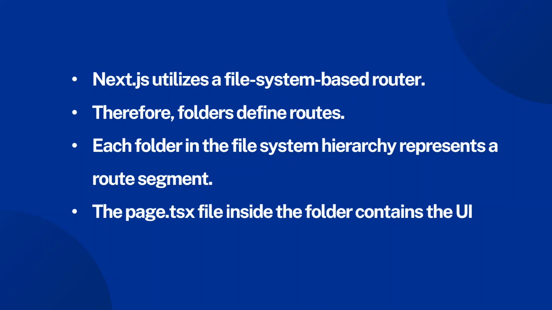Each folder in the file system hierarchy represents a route segment, mapping to a corresponding segment in the URL path. Meanwhile, files contain the UI display for a specific route segment.